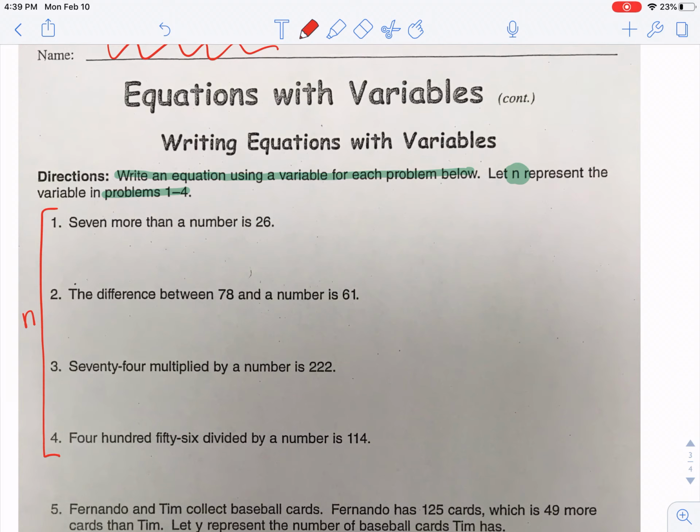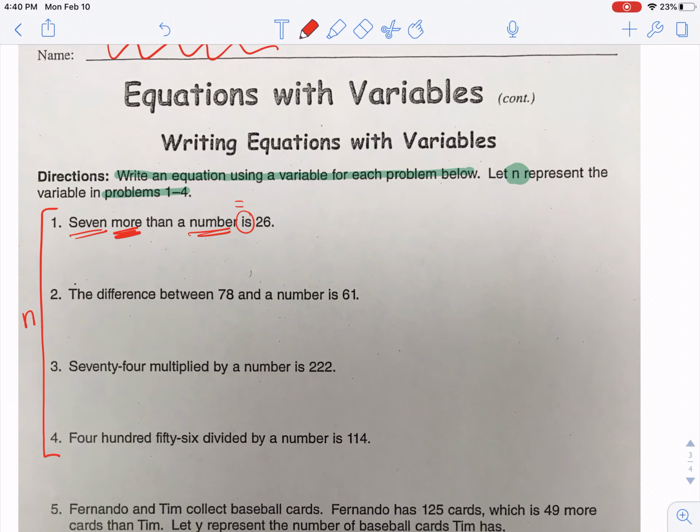So let's look at doing number 1. 7 more than a number is 26.